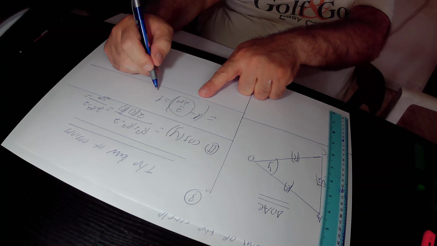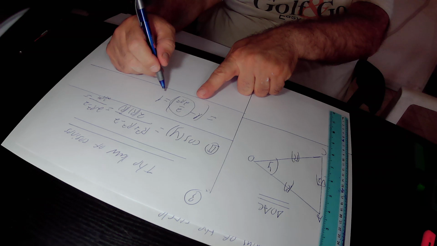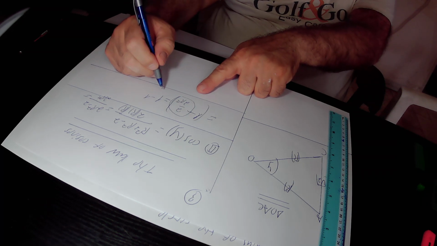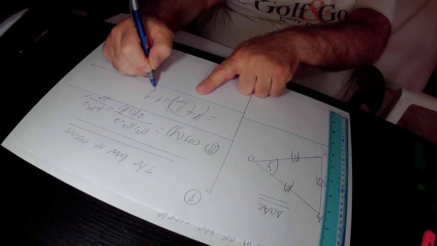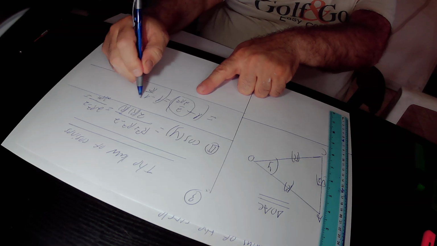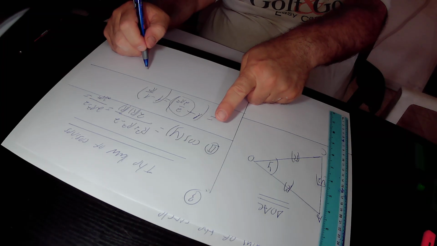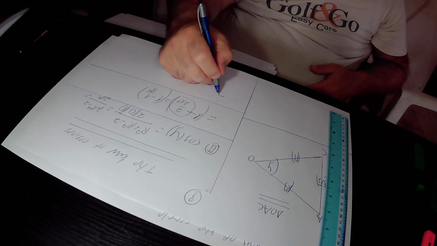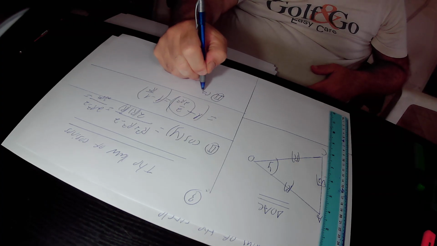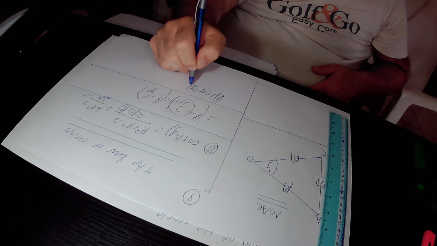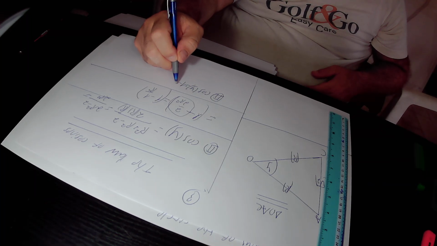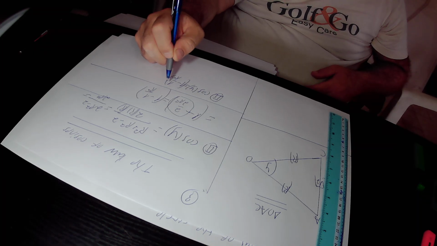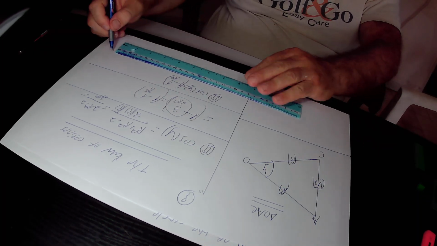Here we divide both the numerator and the denominator by 2. Minus 2 over 2 is minus 1, and 2R squared over 2 is R squared. So according to equation 2, cosine y equals 1 minus 1 over R squared.